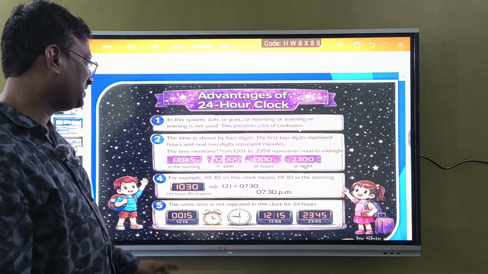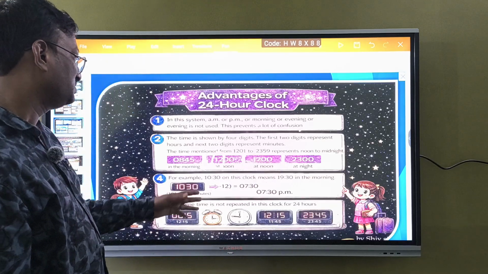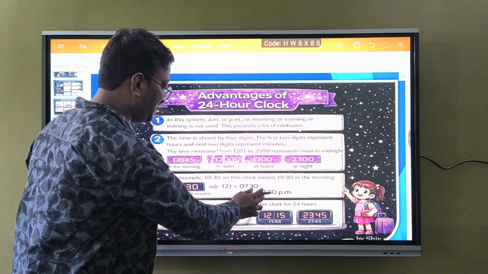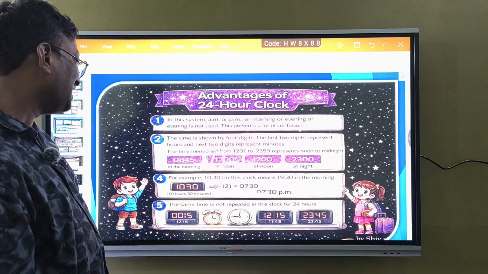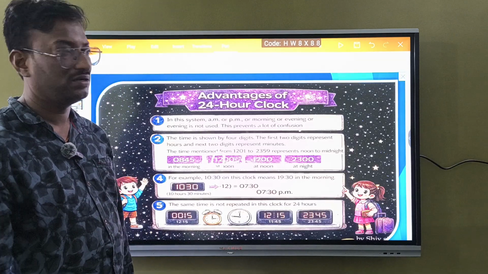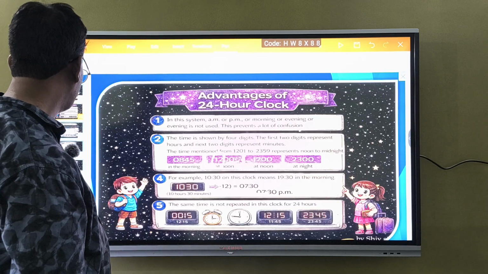For example, 19:30 means 7:30 PM. The same time is not repeated in a 24-hour clock, but in our 12-hour clock, the same time is going to be repeated.